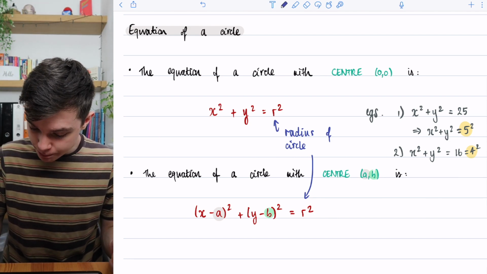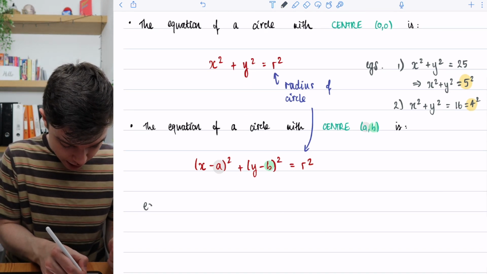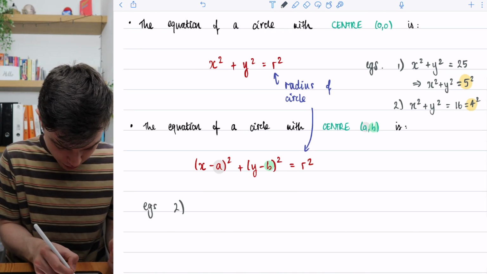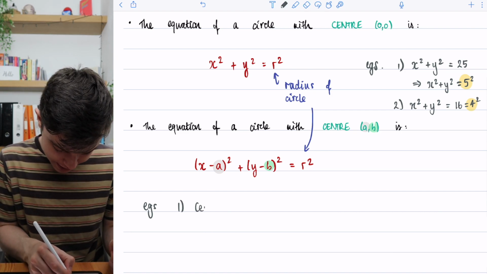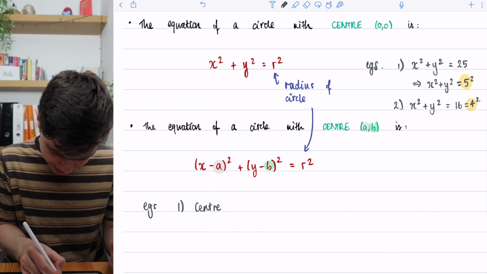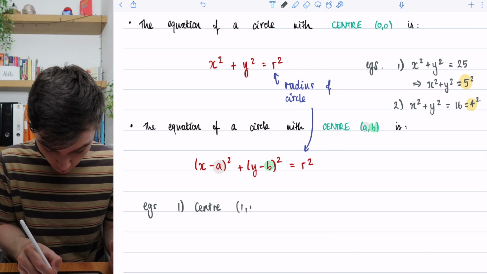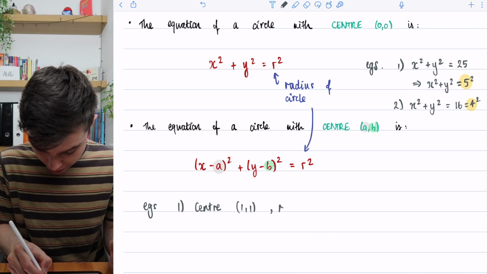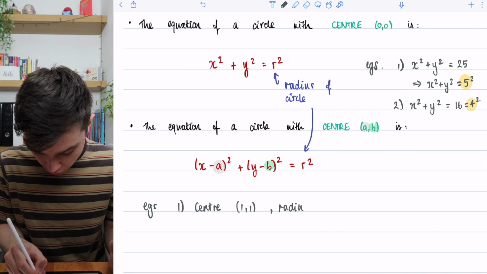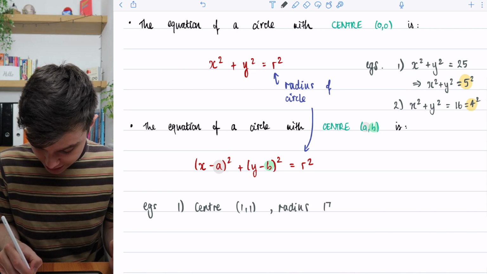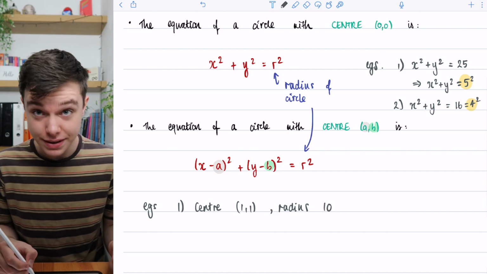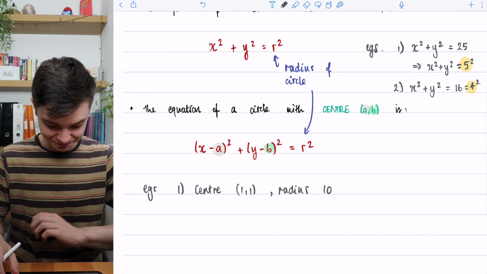So let's see two examples. Example 1 first. Let's say we had a centre at (1, 1), and a radius of, let's make it an easy number, 10, so I can square it in my head.